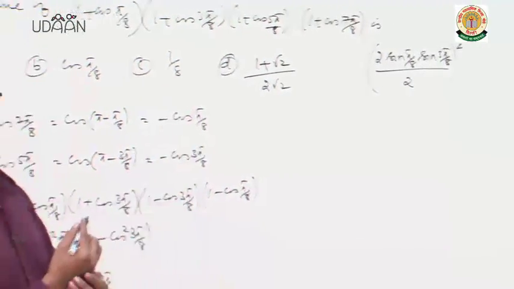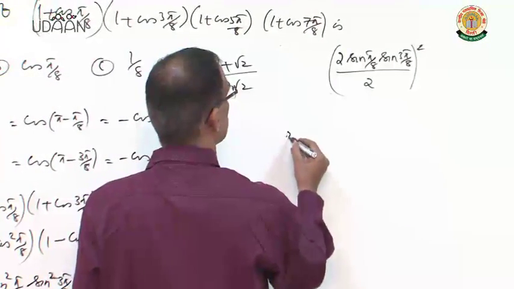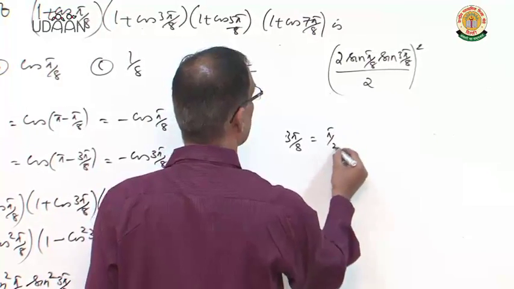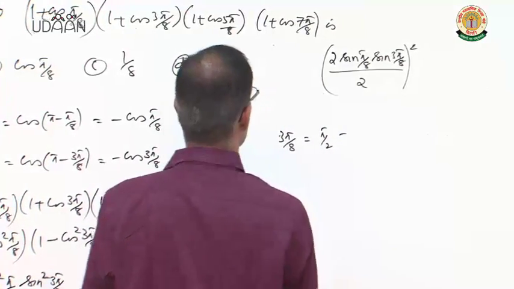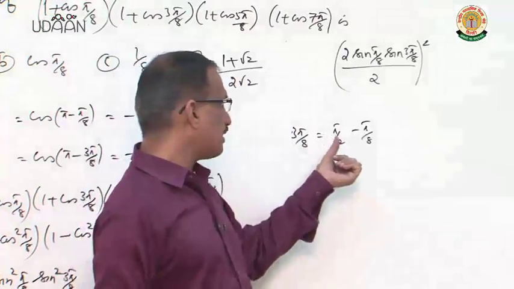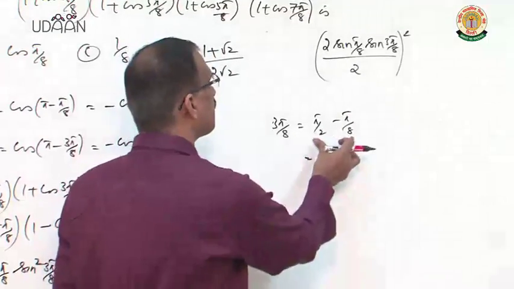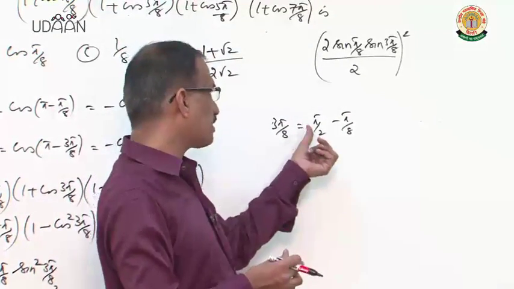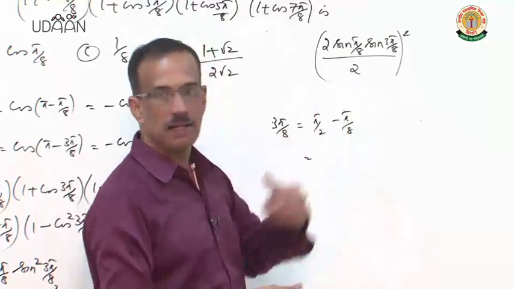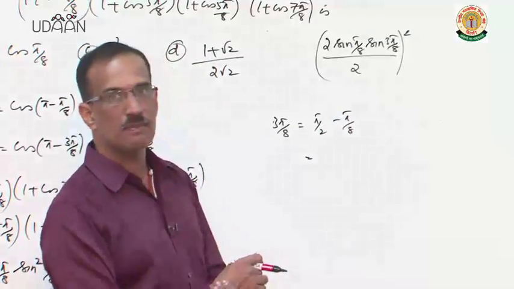Now, this 3 pi by 8, how can we write? 3 pi by 8 can be written as pi by 2 minus pi by 8. See that if you take LCM 8, this will give us 4 pi minus pi upon 8, that gives us 3 pi by 8. So, 3 pi by 8 can be written as pi by 2 minus pi by 8.